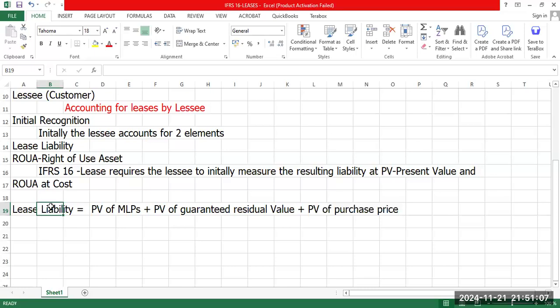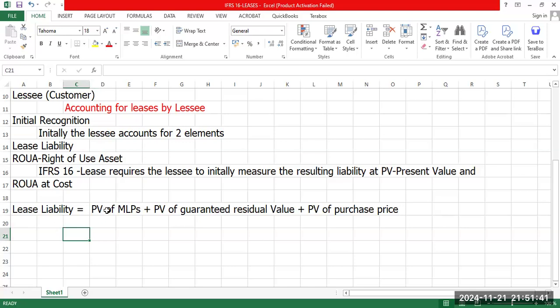And this is at initial recognition. Then right of use asset. Please, if there is a question, you need to ask. Of course, as you get the PV of minimum lease payment, you need to know whether the payment is at the beginning of the year or at the end of the year, as we are going to see in some questions.